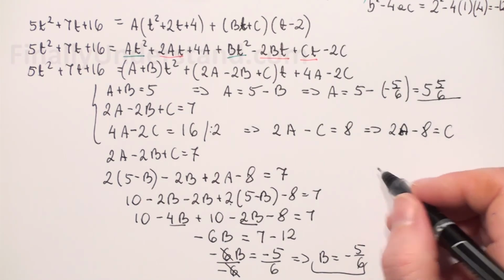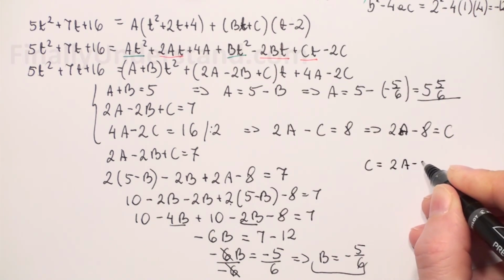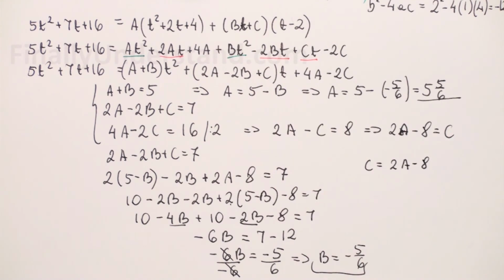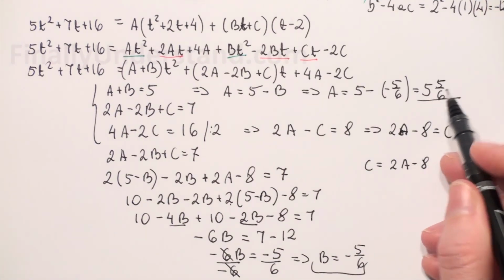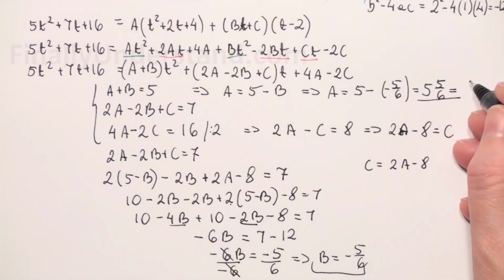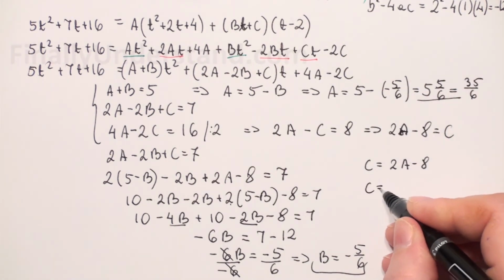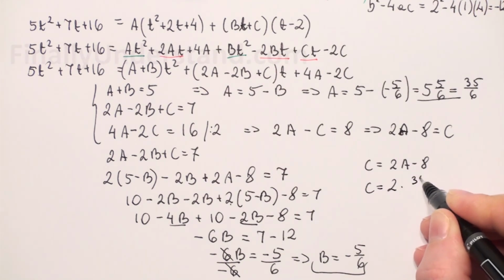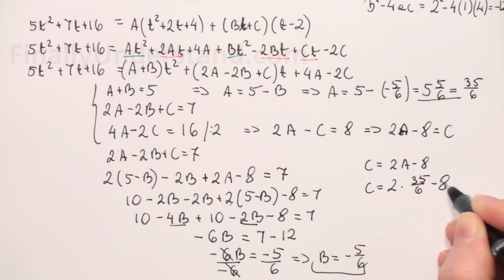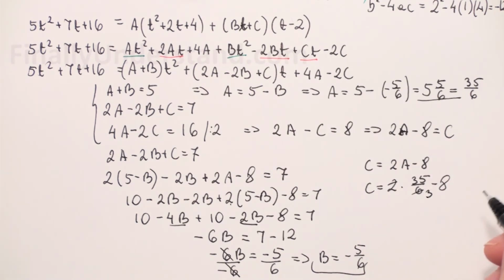So let me rewrite. c is equal to 2a minus 8. So now I will substitute a. Because we have here mixed number, I will change to improper fraction. So it will be 6 times 5 is 30, plus 5 is 35 over 6. So we have c is equal 2 times 35 over 6 minus 8. We can reduce 6 with 2, will be 3.